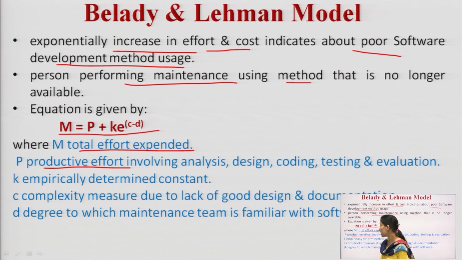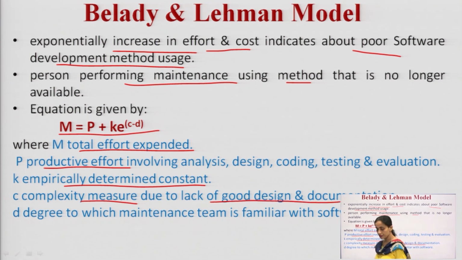K is an empirically determined constant. C is the complexity measure due to the lack of good design and documentation, and D is the degree to which the maintenance team is familiar with the software. So, these are the constants and accordingly I calculate my value of total effort, that is M.